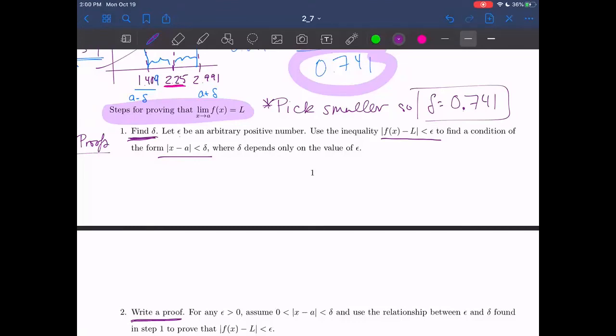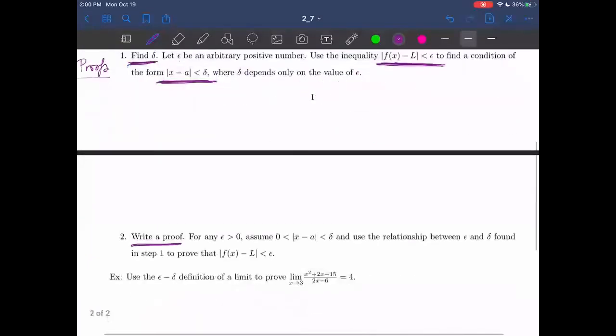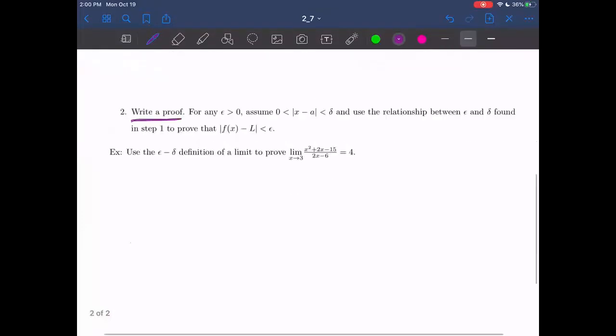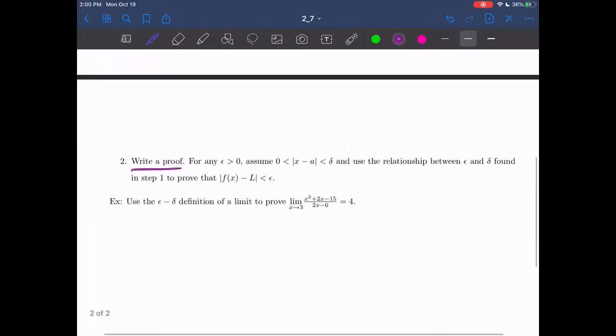The way these will work is they'll give you a function, and you let epsilon be some arbitrary number. You set this up and then solve down, and you'll end up finding delta written in terms of epsilon. Once you have that, we can do a little backtracking and write a proof.